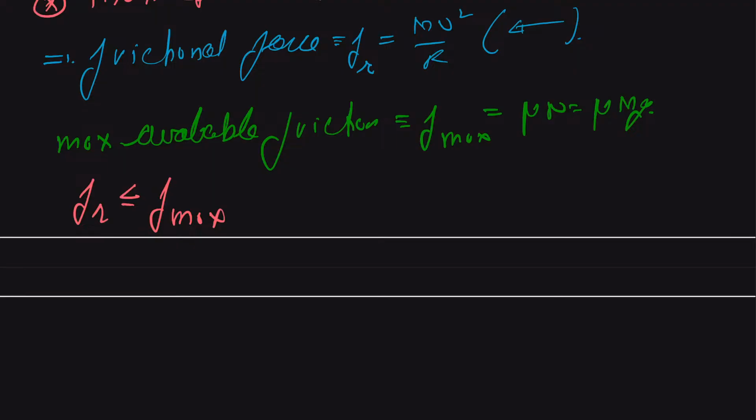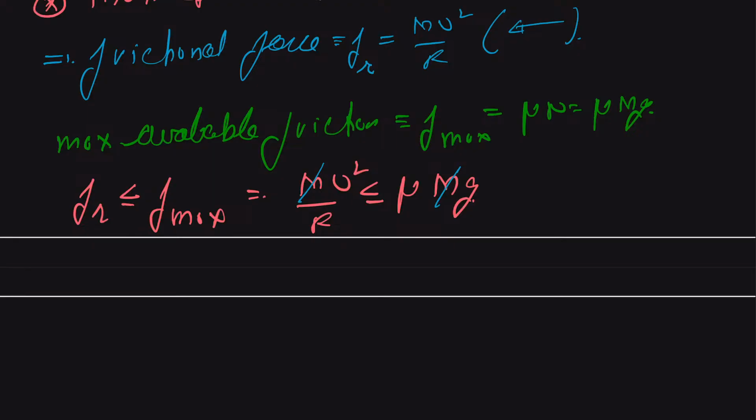So we substitute them, we get mv square upon r is less than or equal to mu times mg, and this mass and mass cancel out.